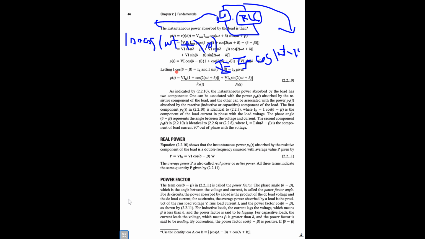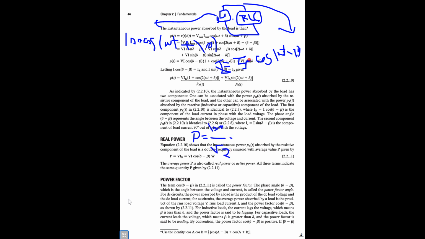Okay, the problem wants us to compute the real power in this network. You see, we can easily write real power equals the effective value of the voltage, 100 divided by radical 2, okay?